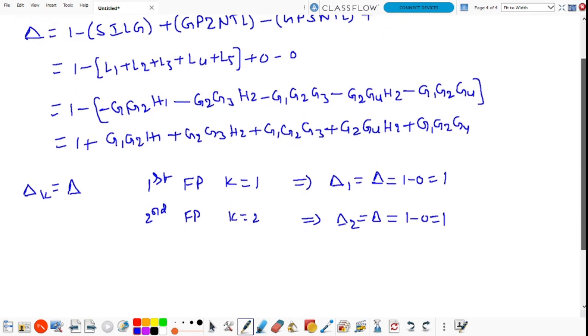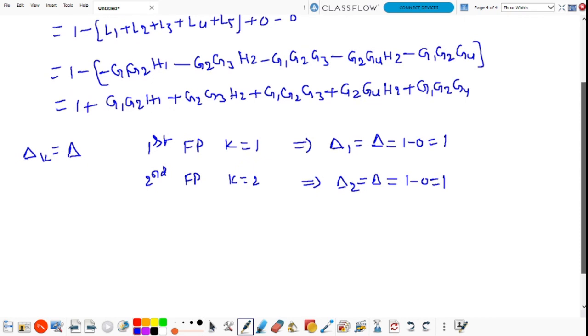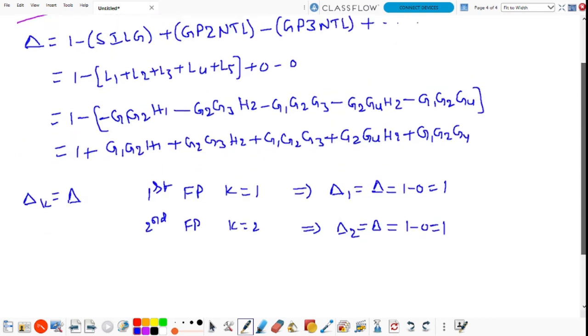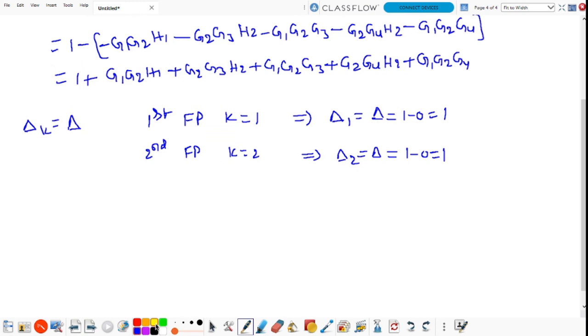And now finally calculate the transfer function of the system. Step number 5, find out the overall transfer function, or overall gain, of the system.